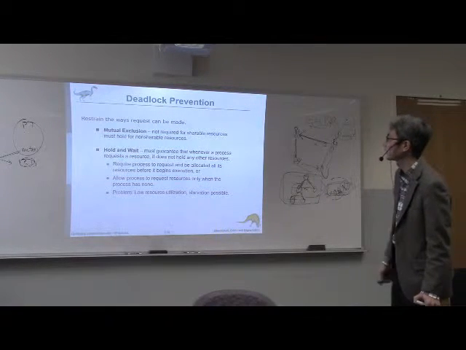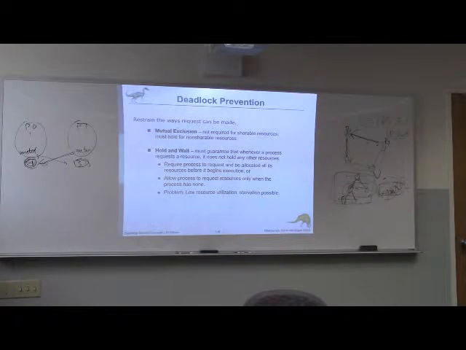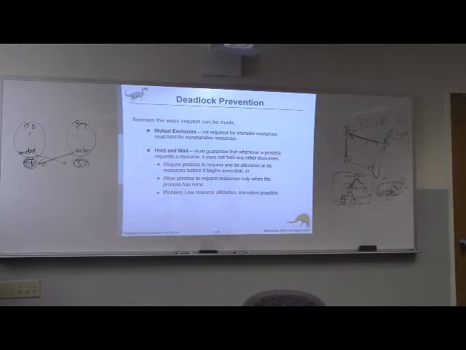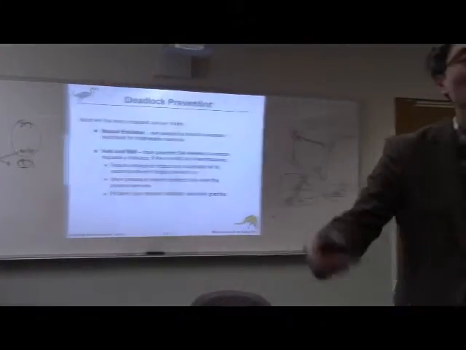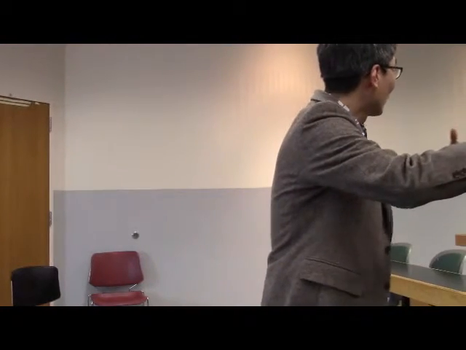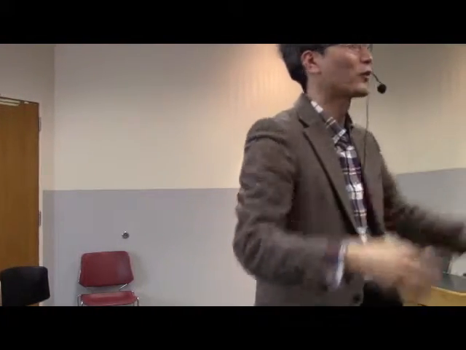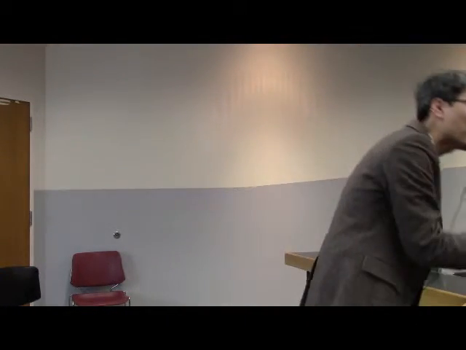Hold and wait. How can we break hold and wait? If you want to use resource 1, resource 2, resource 3, not at the same time, but first resource 1, then resource 2, that is hold and wait, right?